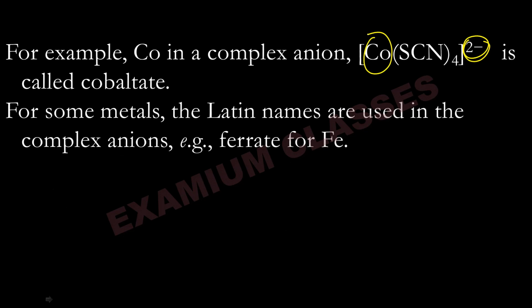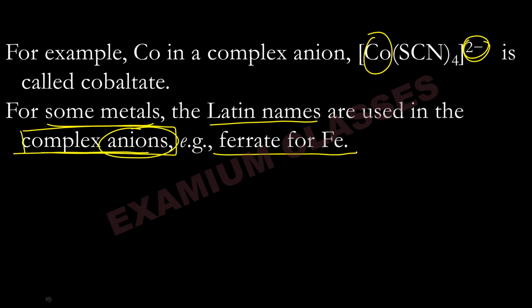Now the exception. For some metals, the Latin names are used in complex anions. So remember, it is a complex anion. It is not written iron then, it is written as ferrate. If it is a cation, it will be written as iron. So understand the difference.